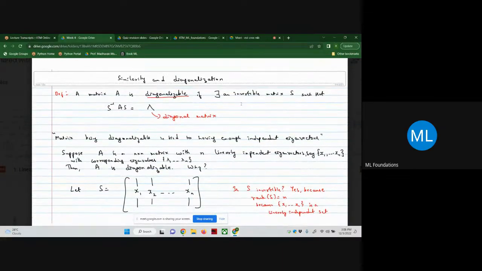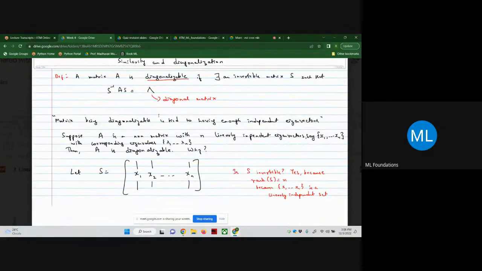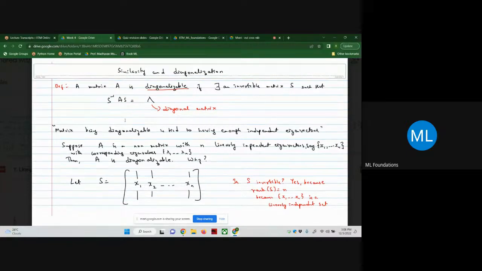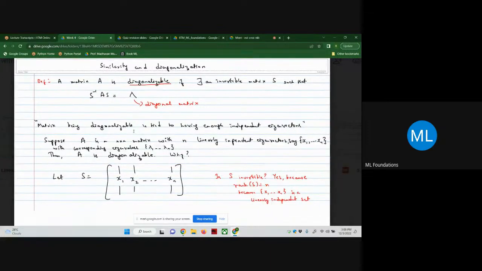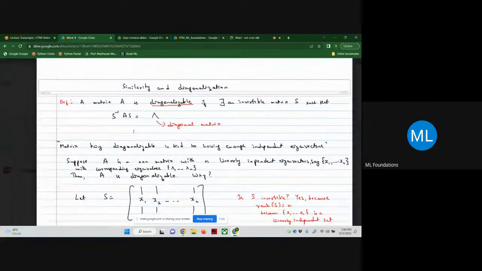Matrix A is diagonalizable when we have S inverse A S equal to a diagonal matrix. And for the symmetric matrix, we get these eigenvalues.